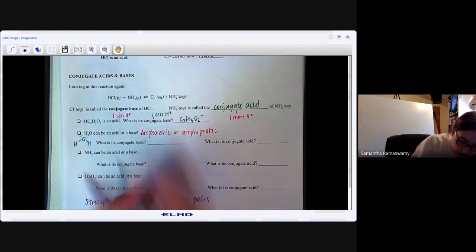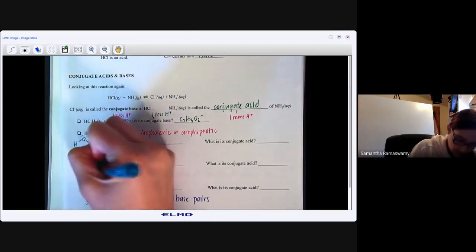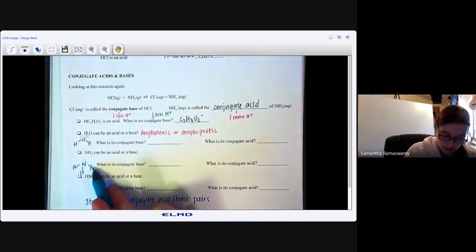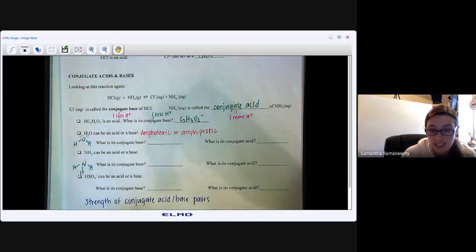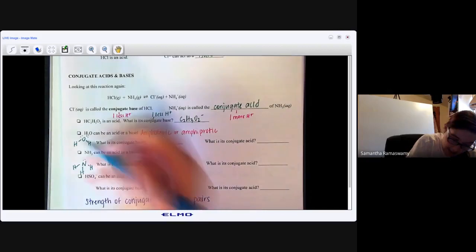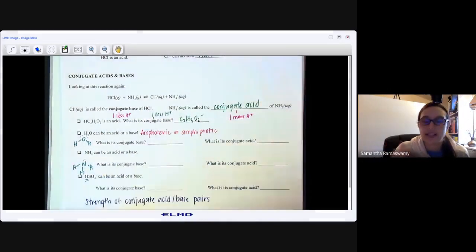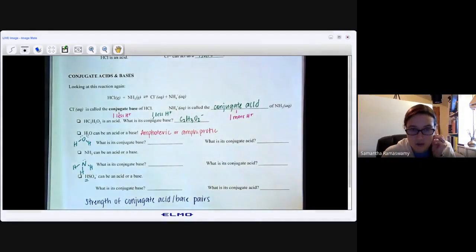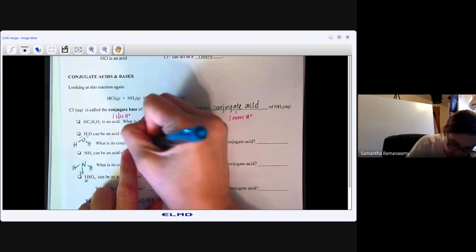If we look at NH3, it has an H that it can donate, but it also has a lone pair that will accept an H plus. And then HSO4 minus has an H that it could donate, and because it has a minus charge, it can accept an H plus as well. So H2O, NH3, and HSO4 minus are all amphoteric. The conjugate bases would have one less H plus.